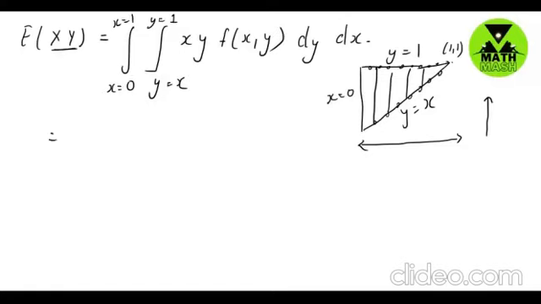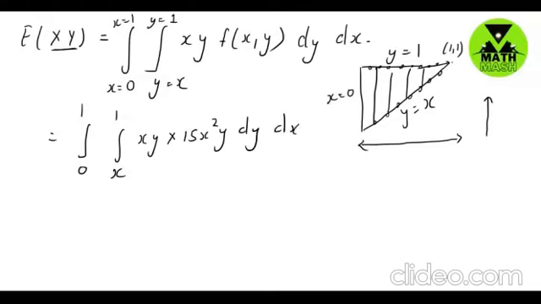So this is the integral from 0 to 1, with y from x to 1, of xy times the joint density 15x²y, dy dx. Integrate with respect to y first.